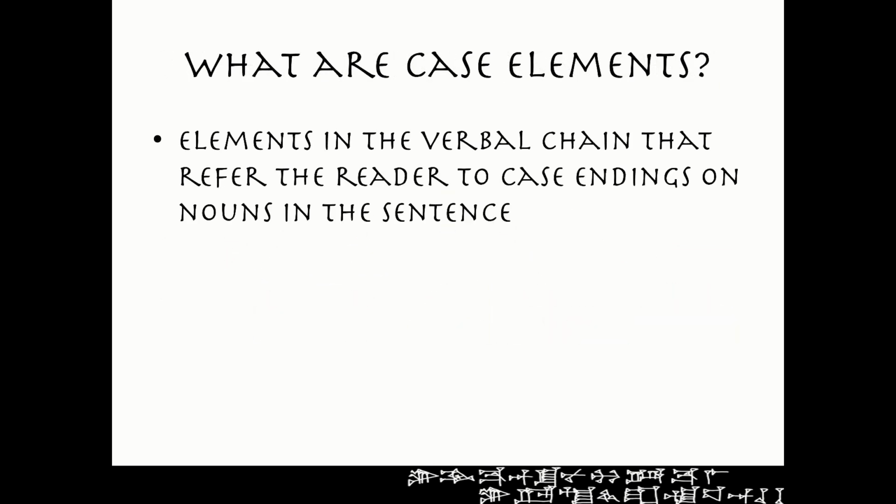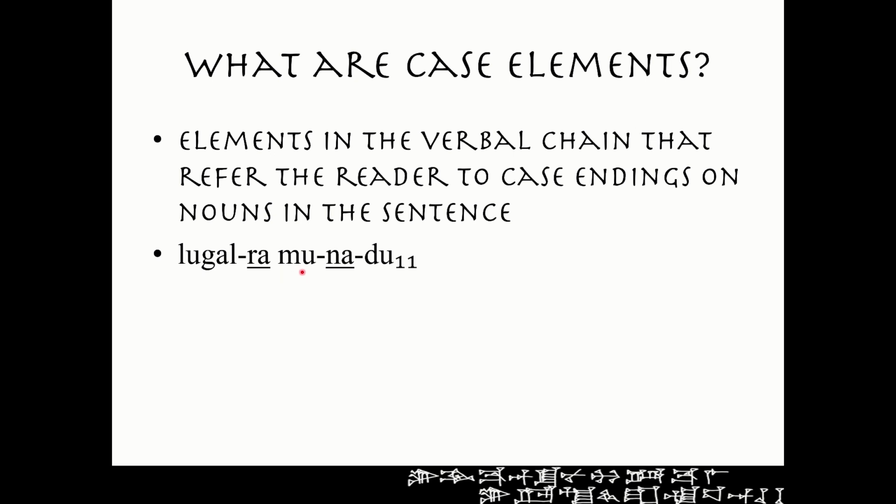So what are they? The case elements in the verbal chain are those elements that refer the reader to case endings on the nouns in the sentence. So, in this sentence, lugal means king, du11 means to say or to speak. If you remember from last lesson, ra is the dative marker, so it means to or for the king.